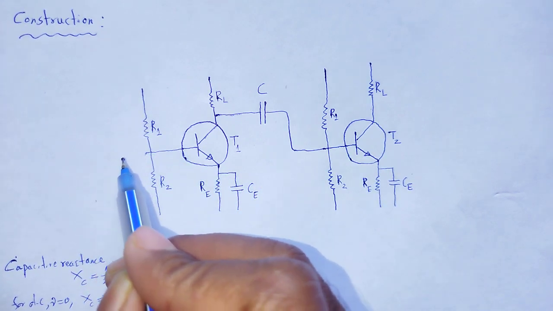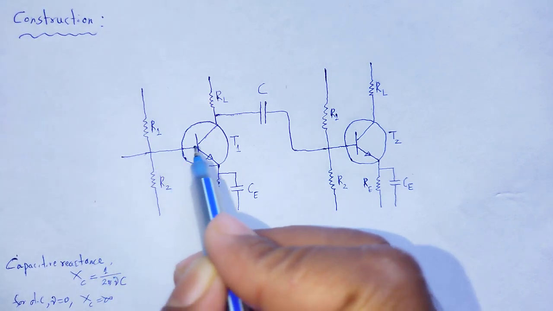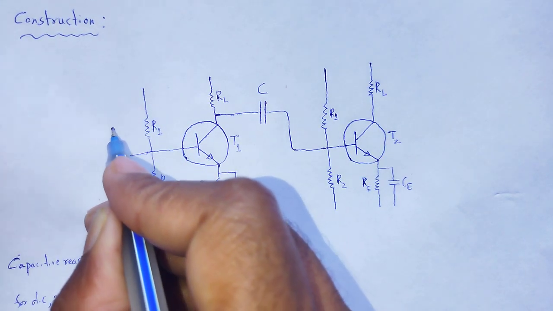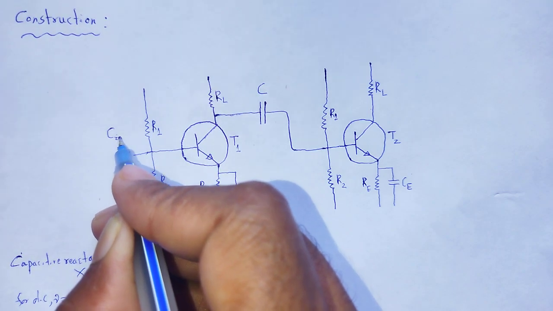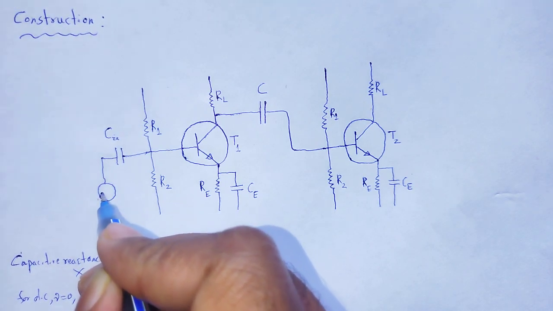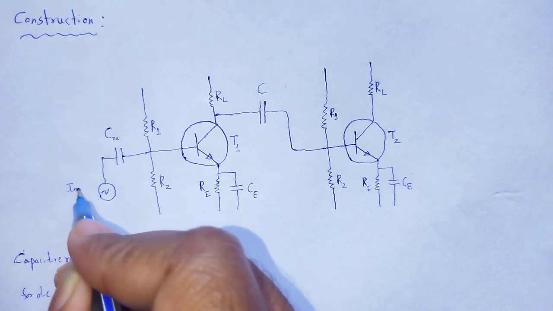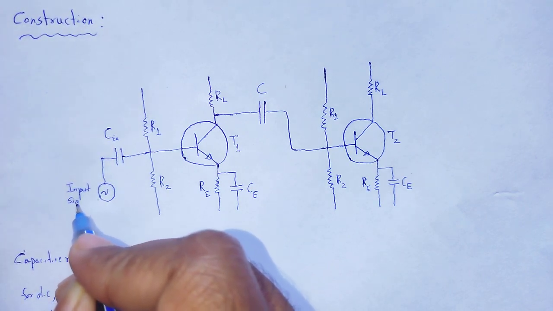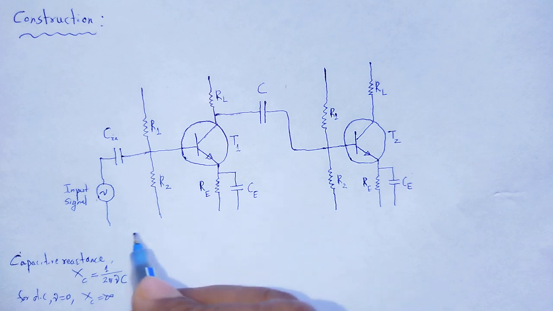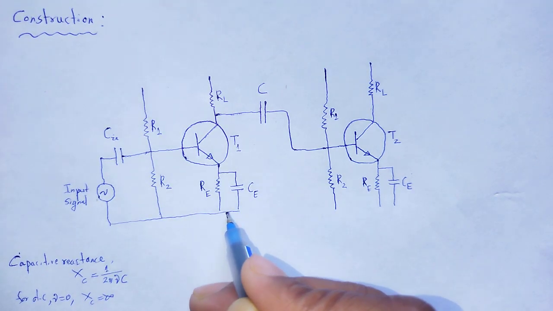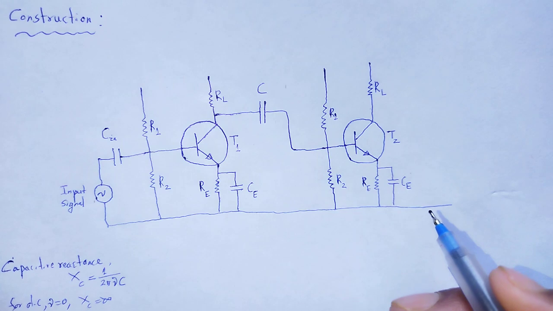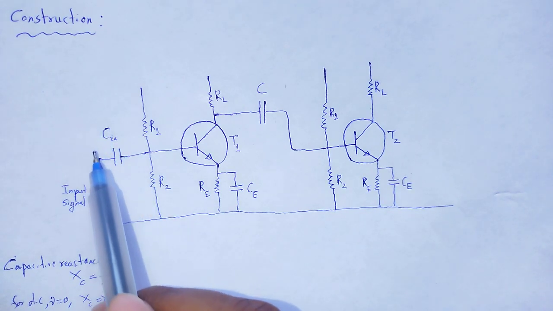We provide the AC signal to the first transistor T1, and again use another capacitor at the input. Why is that capacitor used?